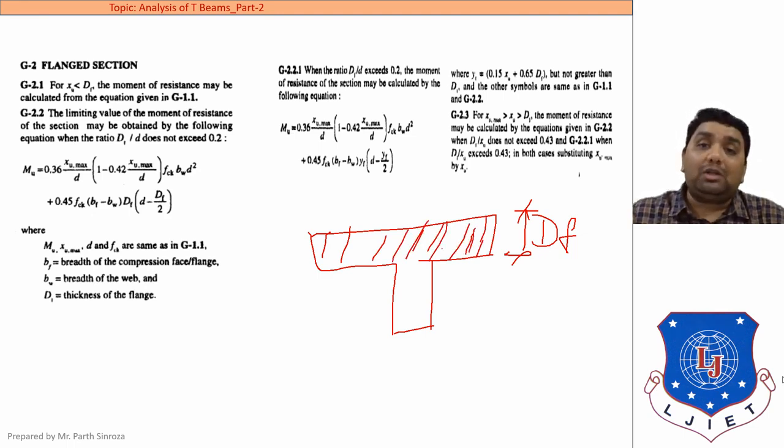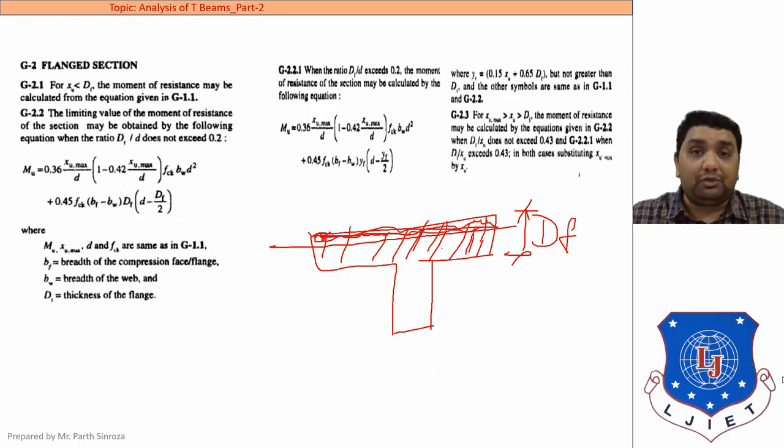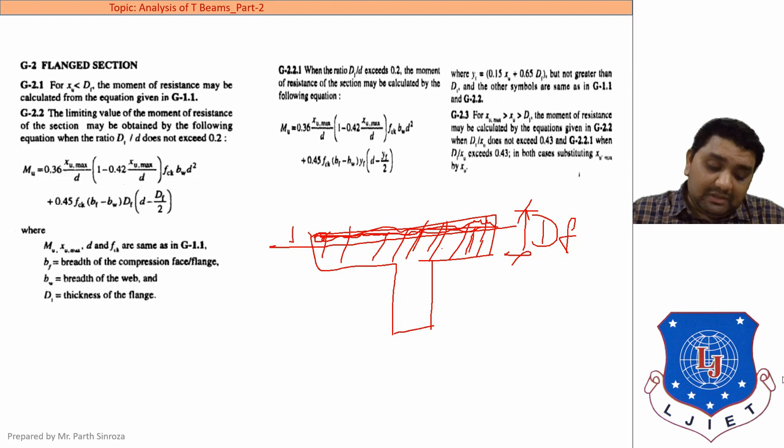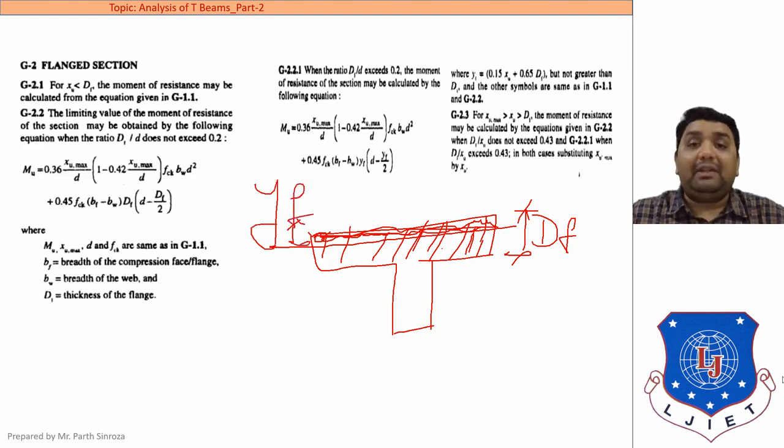Only some portion, up to a certain level, is acting in the compression zone of the slab. The bottom layer is not acting in the compression zone of the slab; it is acting as a beam. So this distance is called YF, the effective depth of slab.